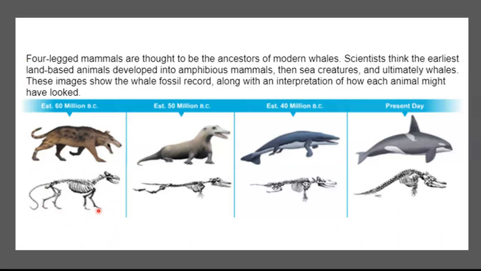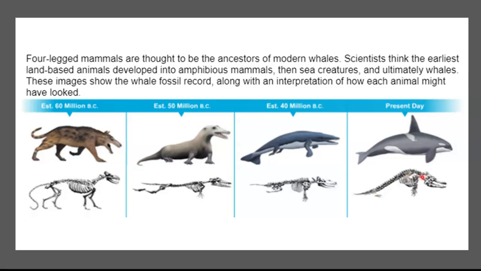So we have the fossil record, right? So we have this fossil, we have this fossil, and of course we have whale fossils, and you can see that vestigial structure right there. That's that whale pelvic bone, the hip bone, that they no longer need, right?